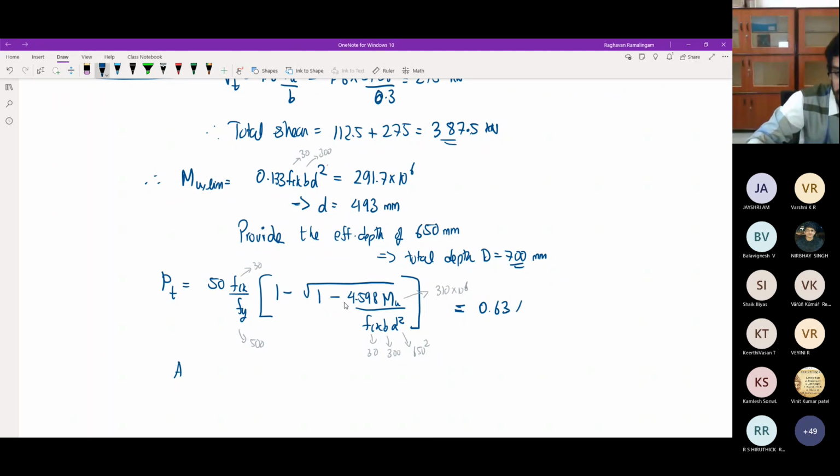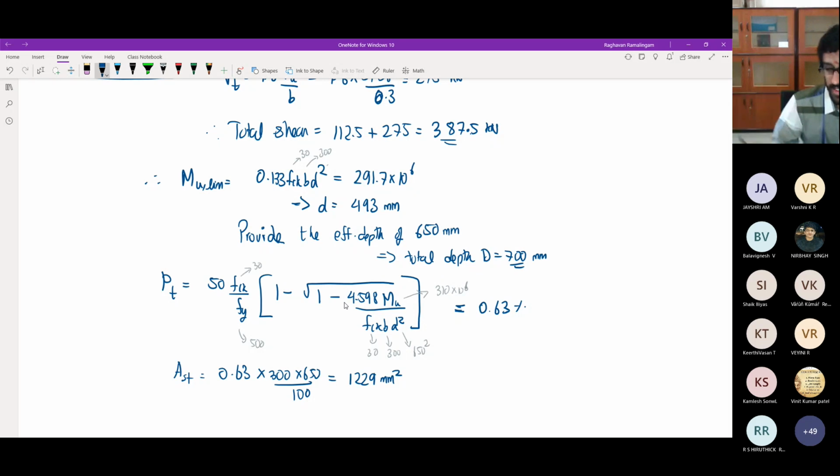Pretty good, decent value. So AST equals 0.63 into 300 into 650 by 100. How much is this? This comes about 1,229, I think. Do you get 1,229?